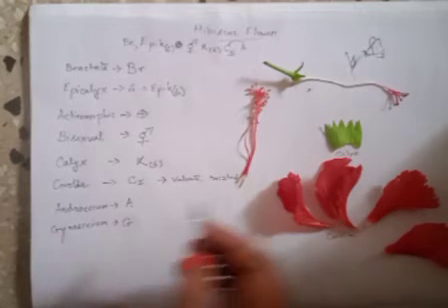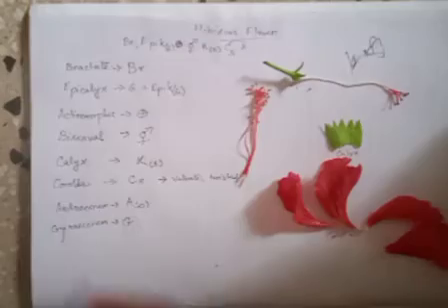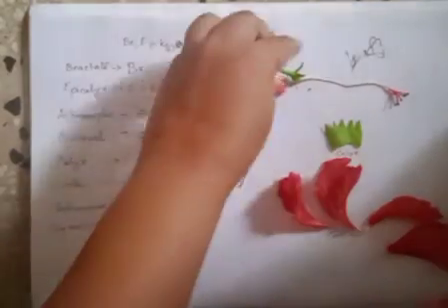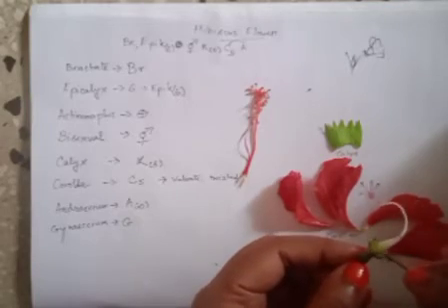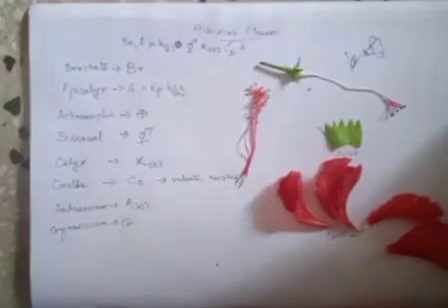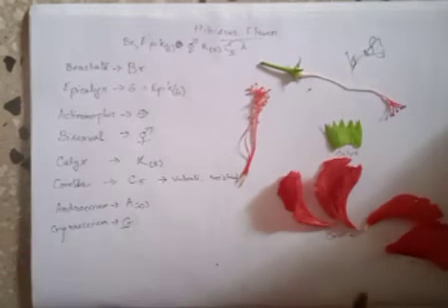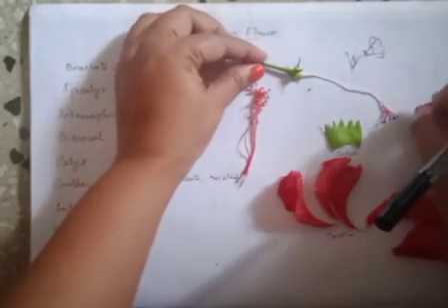So as I said, androecium is infinite. And what about the gynoecium? Gynoecium, you see, the ovary is above. So I can say gynoecium is superior ovary. And there are 5 stigma present.